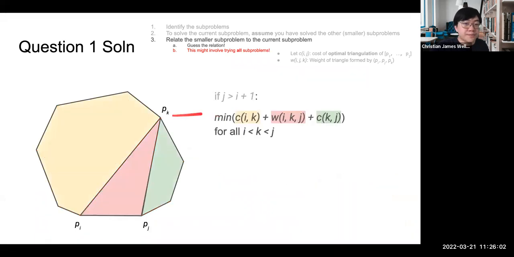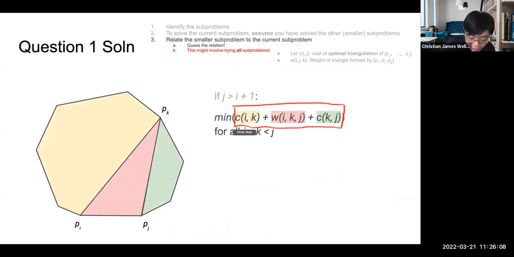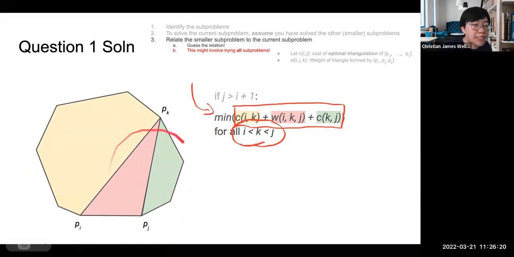This was the relation for a single triangle. What you do is iterate over all the triangles. This i, k, j is just saying over all the triangles. Then take the minimum over all the choices of the first triangle.